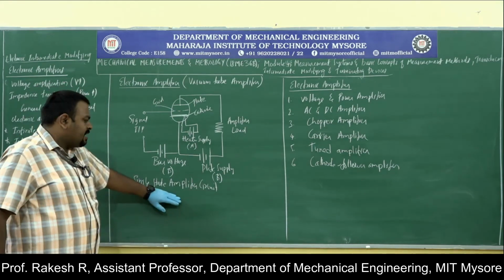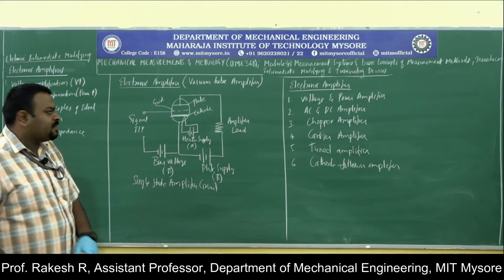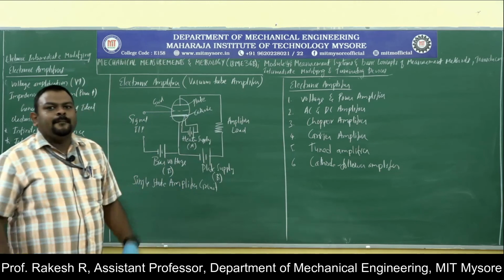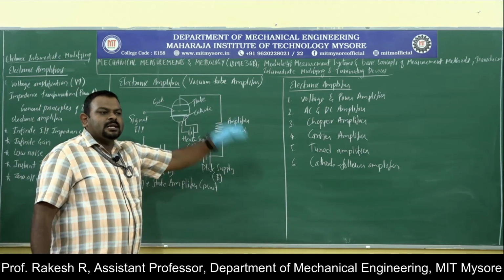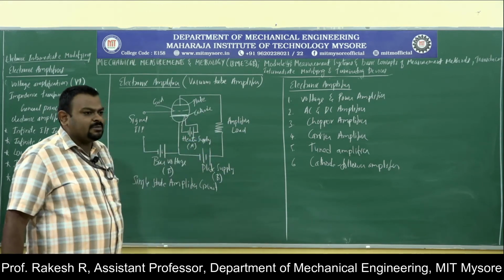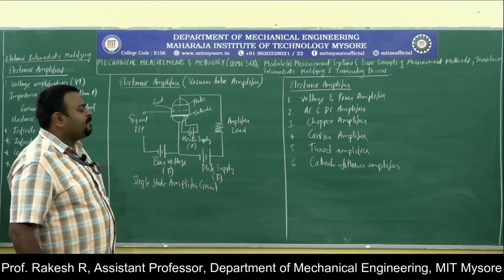Whenever this is a single stage amplifier circuit, whenever you want more impedance, you add another one. It will be having a power amplifier circuit, because of which the impedance transformation can be higher. So this is the advantage of the vacuum tube amplifier or electronic amplifier.